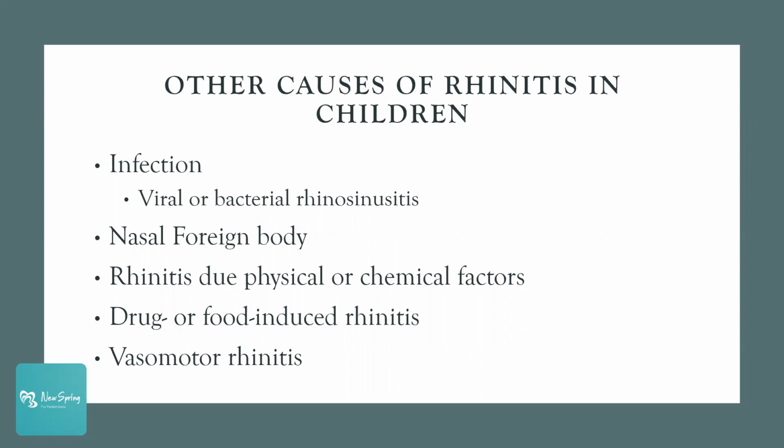Drug or food induced rhinitis also could be in these children, and vasomotor rhinitis. Once you exclude all these and ask for the 4 pillars in diagnosing allergic rhinitis, you will have a preliminary diagnosis of allergic rhinitis. The next step is to put a clear classification for this patient from their past history, and begin the discussion with the parents of their condition and the management plan that we will discuss.